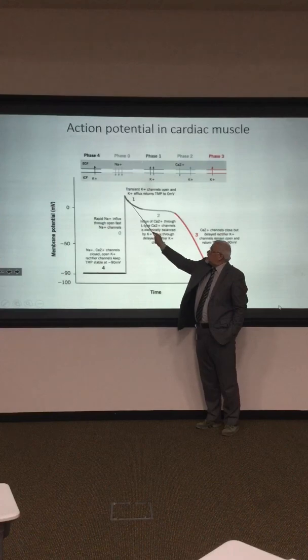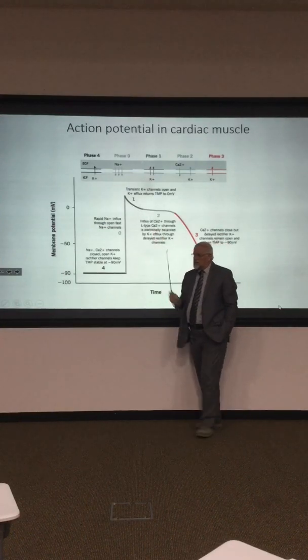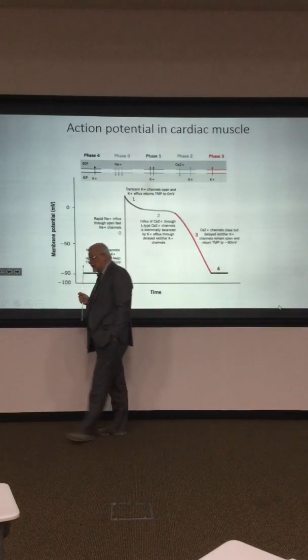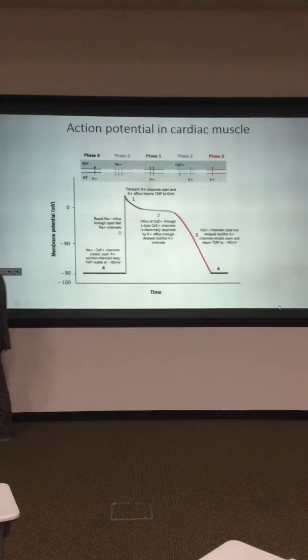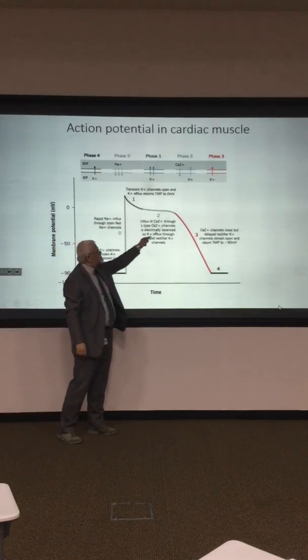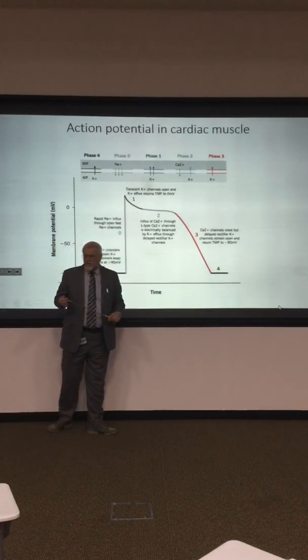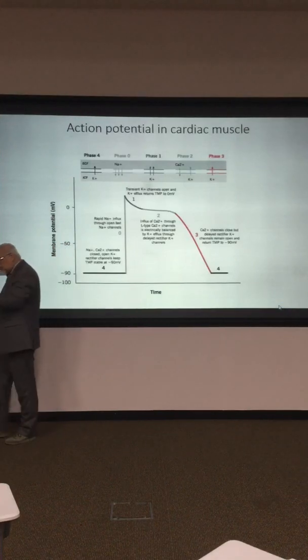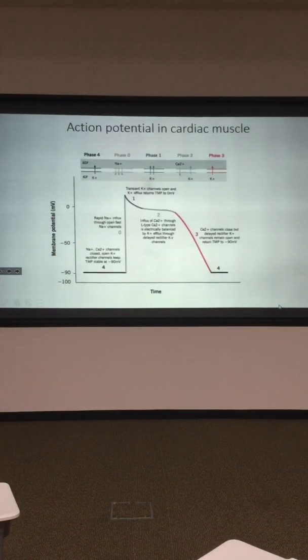This is followed by a short phase of partial repolarization. Phase 1. In some animal cardiac myocytes, this is absent. For example, in guinea pigs, the plateau starts from here and goes without initial repolarization. But in humans, we have that rapid repolarization, so we need to know what the mechanism is.